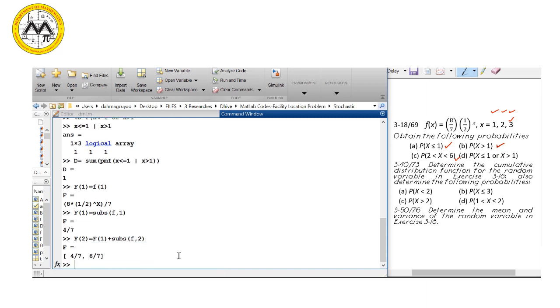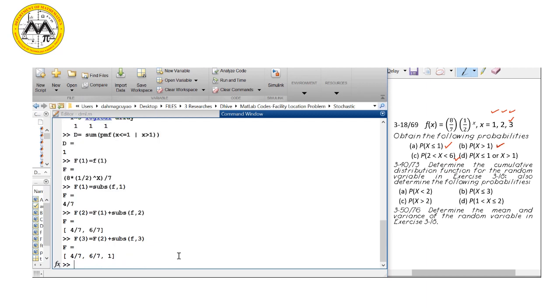And then for f of 3, that would be f of 2 plus we substitute f is equal to 3. So this is the cumulative distribution function. We start with 0 and then 4 over 7 plus 2 over 7, 6 over 7 plus 1 over 7. So that is 1. Now, this is the cumulative distribution function.